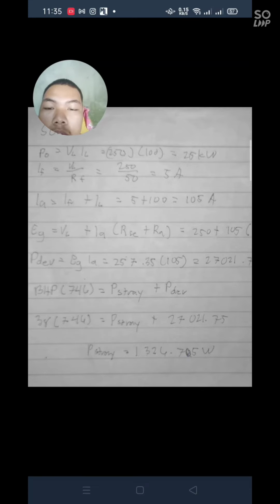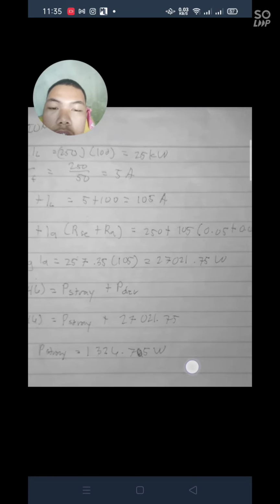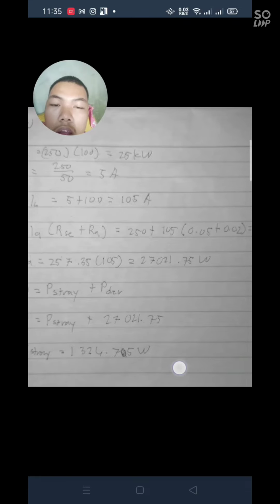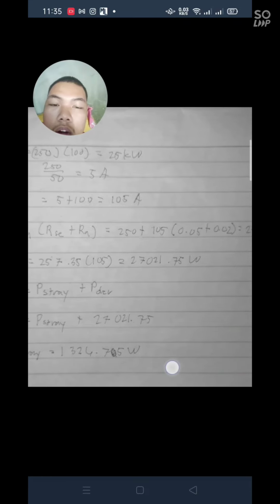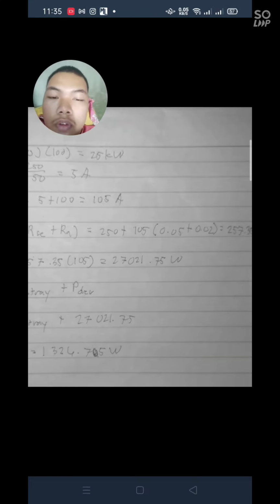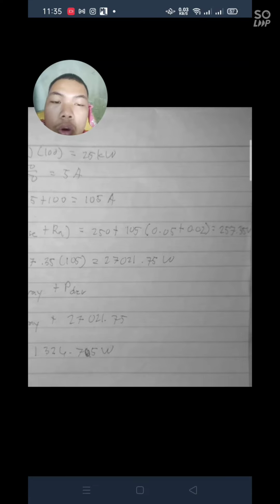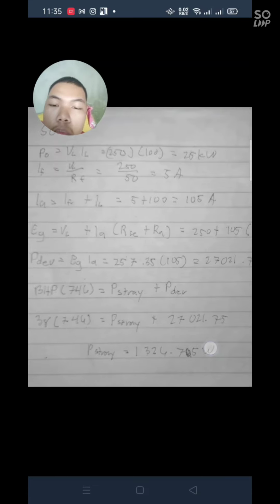So let's go to EG. EG equals VL plus IA times RSE plus RA. So equals VL of 250, IA is 105, and RSE plus RA is 0.05 plus 0.02, so equals 257.35 volts.